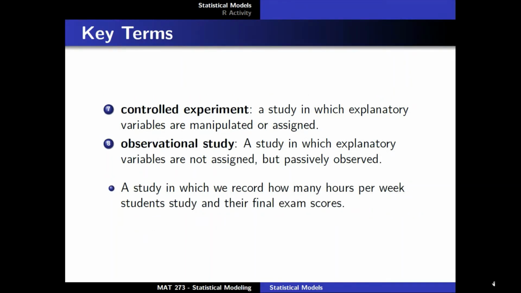Another example would be a study in which we record how many hours per week students study and then their final exam scores. I'll let you think about it again, if this is a controlled experiment or an observational study.